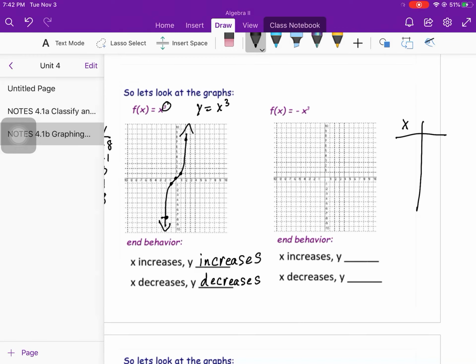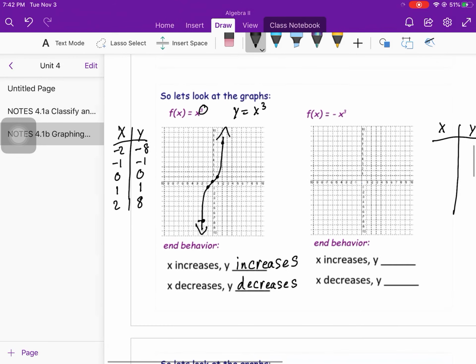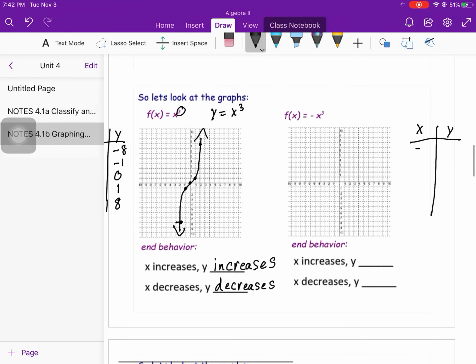So let's go ahead and look at this other one. Since this is negative, I can go ahead and make my table. So if I do -2, -1, 0, 1, 2, now I'm just going to get the negatives of what I had over here. So now I'm going to get +8, +1, 0, -1, -8. When I graph that, -2, 8 is this.